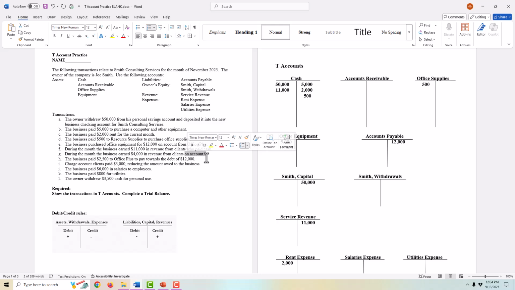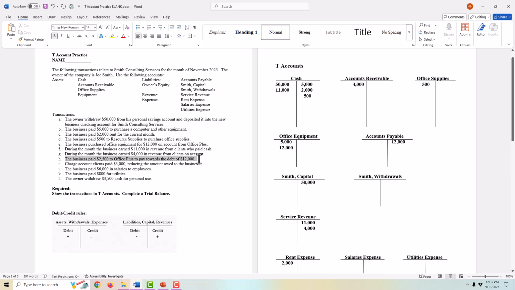At this point, the customers haven't actually paid cash yet. So we would be adding to accounts receivable to show that those customers owe the business money. And then we're also going to record that in revenue because the business did earn revenue when they performed those consulting services to the clients.